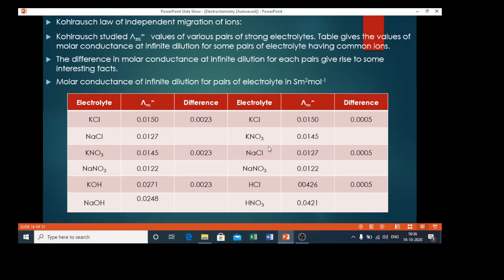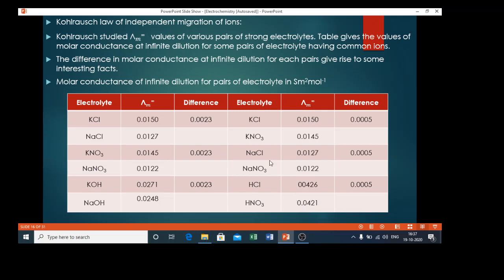In the second pair, the value for sodium chloride is 0.0127 Siemens meter square per mole, and for sodium nitrate is 0.0122 Siemens meter square per mole. In the third pair, the value for hydrochloric acid is 0.0426 Siemens meter square per mole, and for nitric acid is 0.0421.